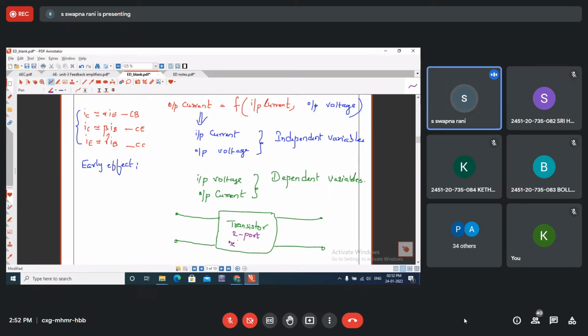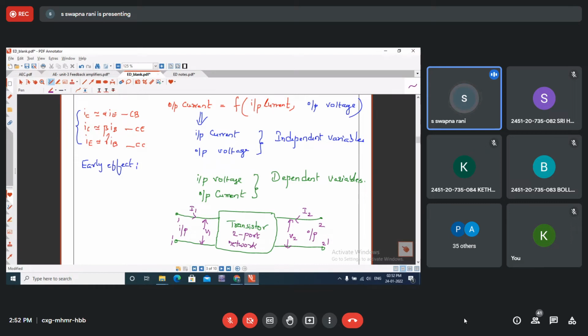Let 1 and 1 dash be the input terminals, and 2 and 2 dash the output terminals. Let I1 be the input current, V1 the input voltage, I2 the output current, and V2 the output voltage.